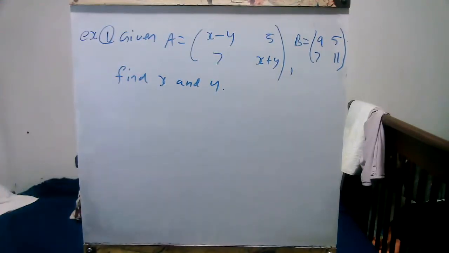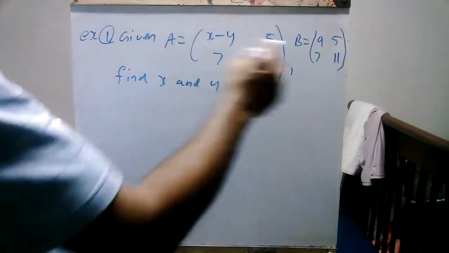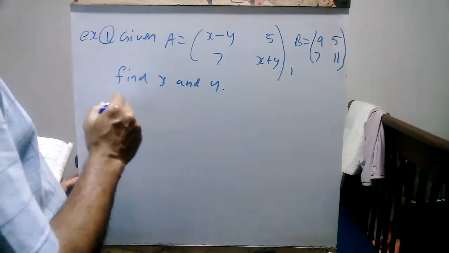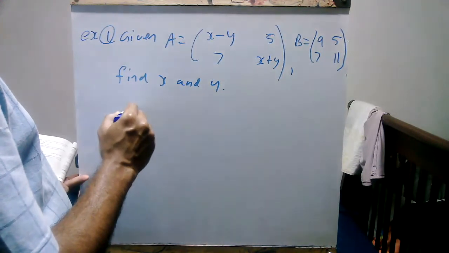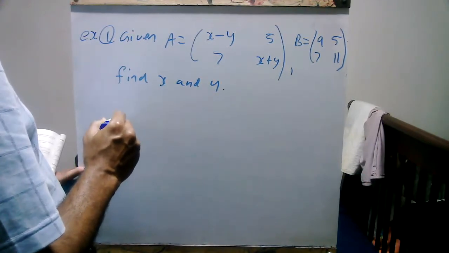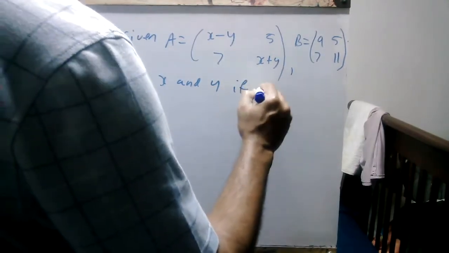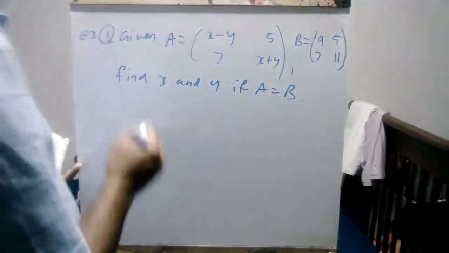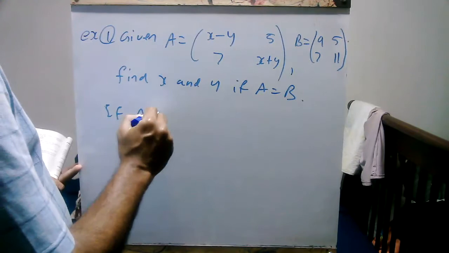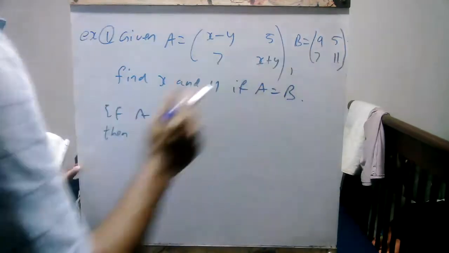Right. Now if these two matrices are equal, that means, if A equals B, then A is this, B is this.